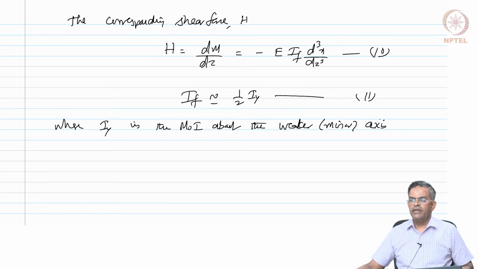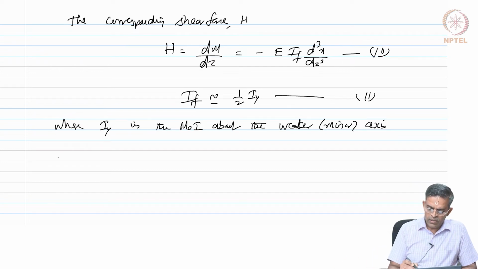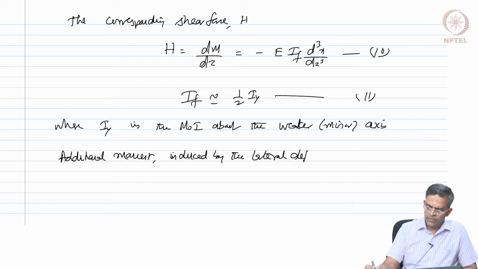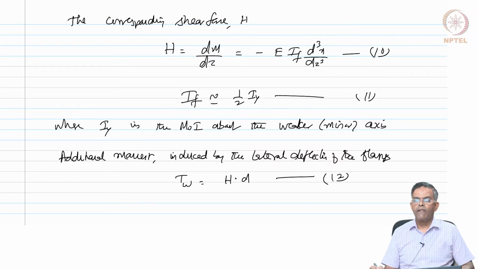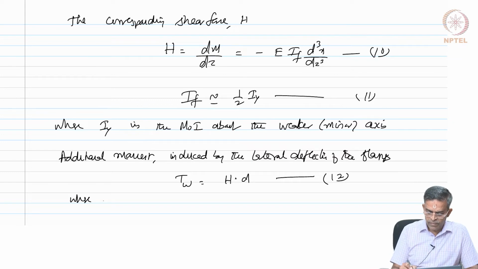Now, the additional moment induced by the lateral deflection of the flanges, Tw, is given by H into D, equation number 12, where D is the depth of the section.